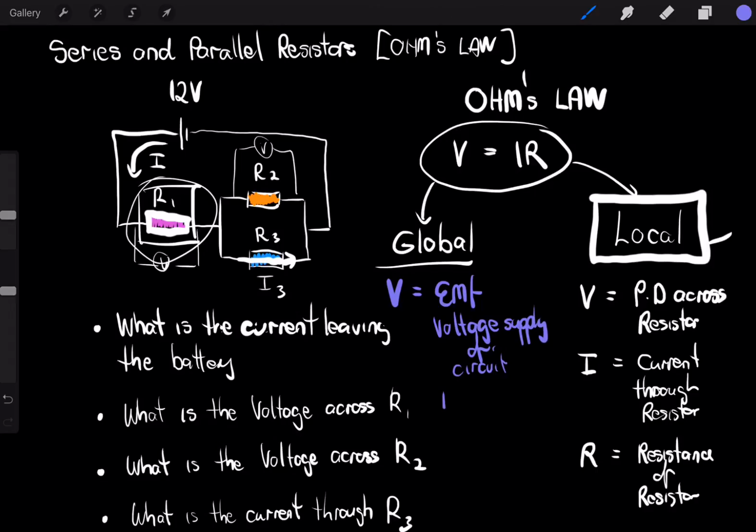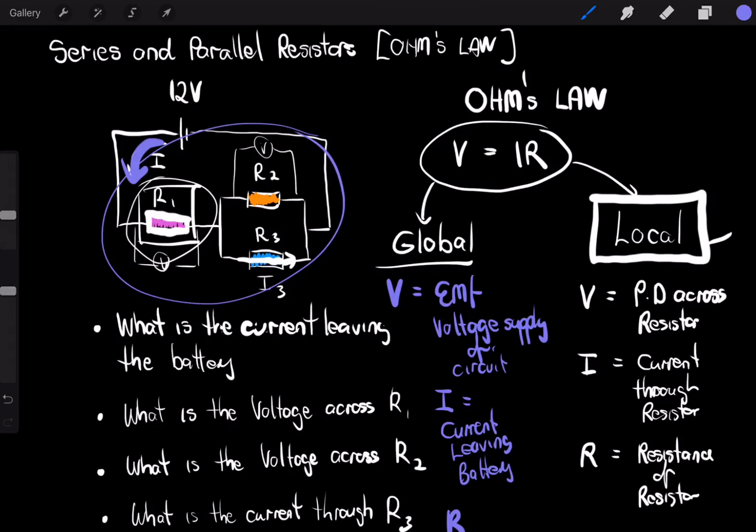I stands for the current leaving the battery and feeding the circuit. So I is the current leaving the battery. And R is the total resistance of the circuit.